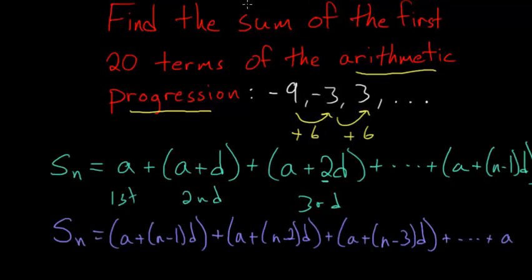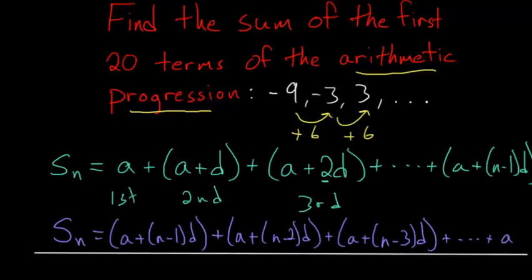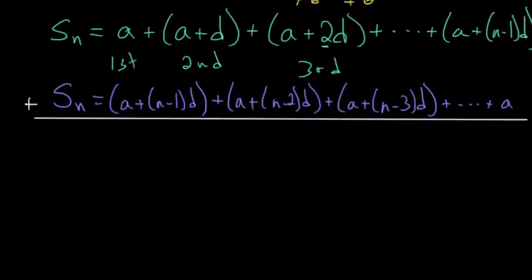And then what we can do is just add both of these sums together. So adding both of these on the left-hand side, we'll just have S sub n plus S sub n, which is 2 S sub n. And this is equal to, now let's add it, the first one here plus the first one here.